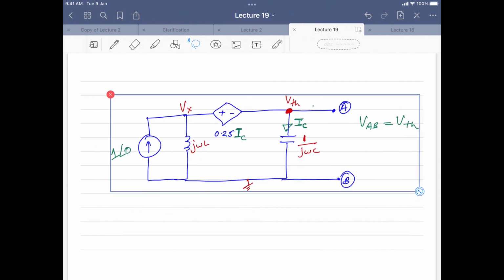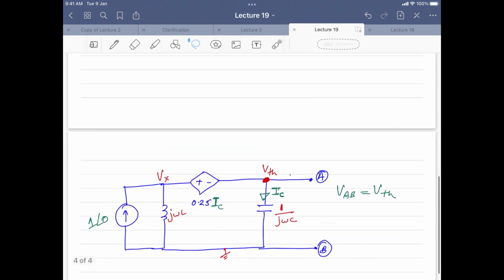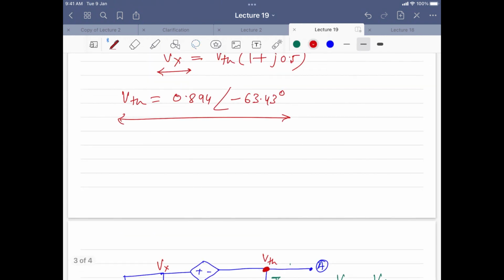Normally, if you recall my earlier lecture, I told you that there are two ways of calculating R equivalent. One is that if you have a network, you can apply a V test and go for I test, and internally whatever current sources are there, you have to open them up, and if there are ideal voltage sources, you have to short them.